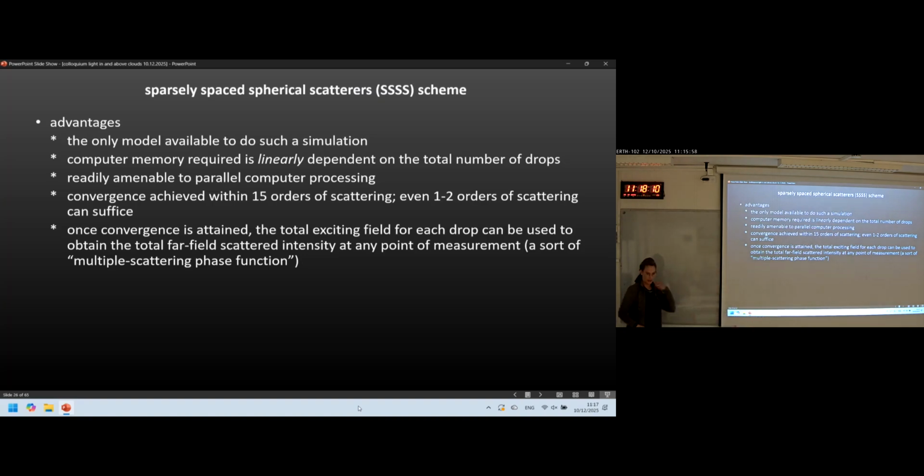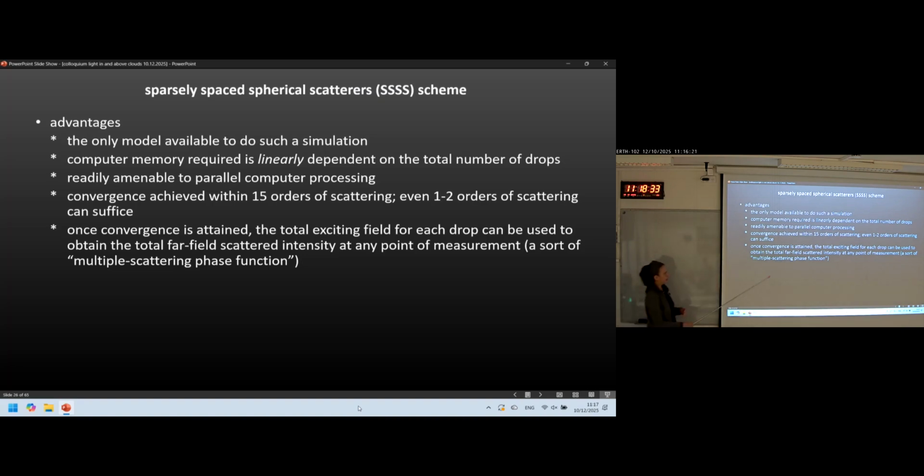That can be a problem if you get too many drops, but we know exactly how much memory we're going to need. It's readily amenable to parallel computer processing, so we can do the orders spread over as many CPUs as we have. Convergence happens pretty quickly, within 50 orders of scattering, but even sometimes only 1 or 2 orders is enough, and we already have a converged solution.